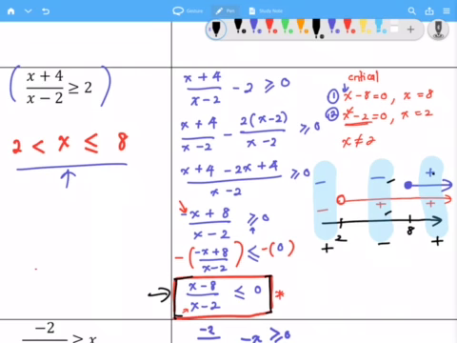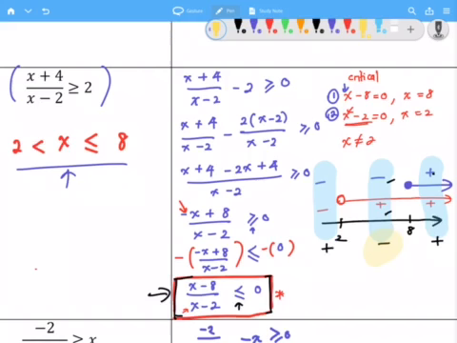So, by looking at our initial equation here, we are looking for anything lesser than or equal to 0. So, anything less than 0 meaning it is negative. The only negative sign that we have here is this part. I will highlight this. This is the only sign that we accept in our solution.